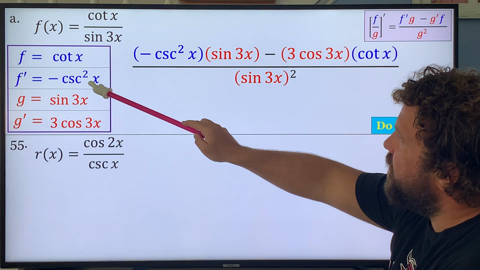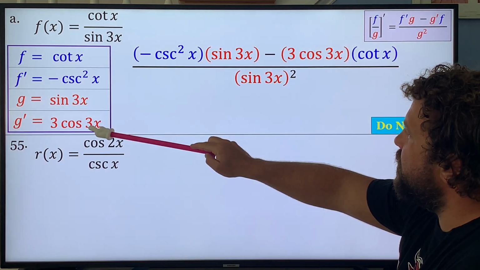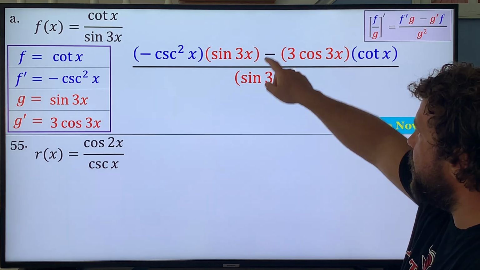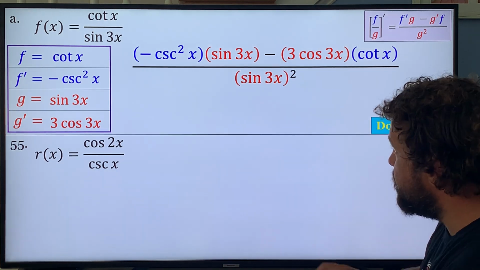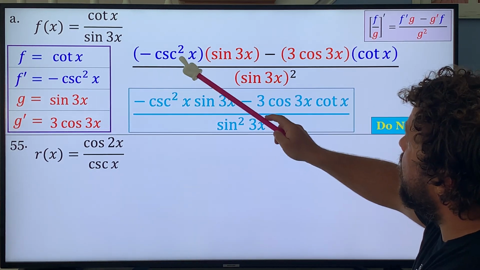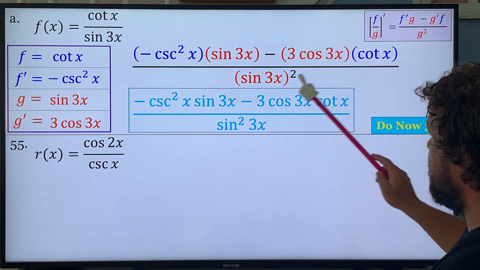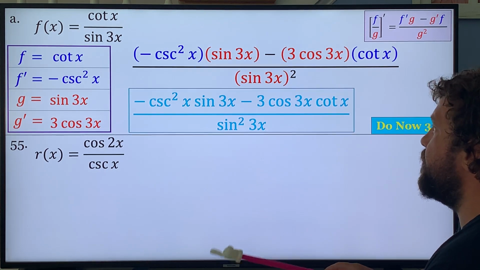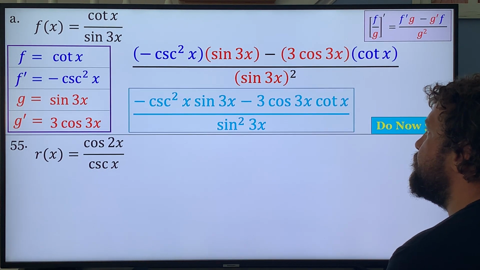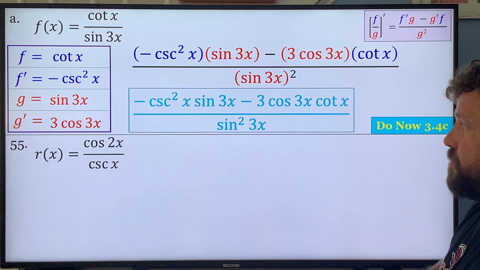Negative cosecant squared, sine 3x. 3 cosine 3x times cotangent x. There's a minus here, and you're squaring your g. All right, so let's look at this. Can we simplify this at all? This stays the same. Minus stays the same. And we just take the square and put it right here. Pretty easy.